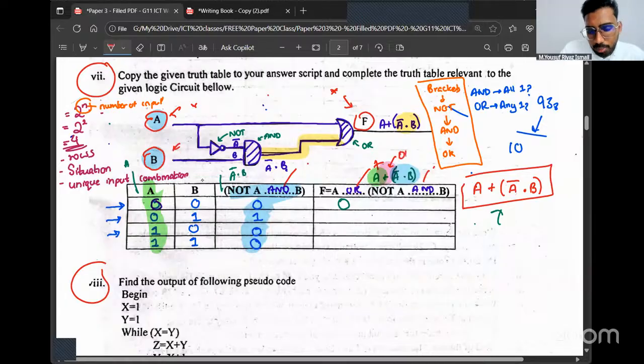Because OR gate represents the idea of any, or else either, right? You compare these two and see is either one of the inputs 1? Yes. You compare this and this, is either one of the inputs 1? Yes. You compare the last row and see is either one of the inputs 1? Yes. So the final result is going to be 0, 1, 1, 1. That's how the final answer is going to be. Anyone having any questions here?